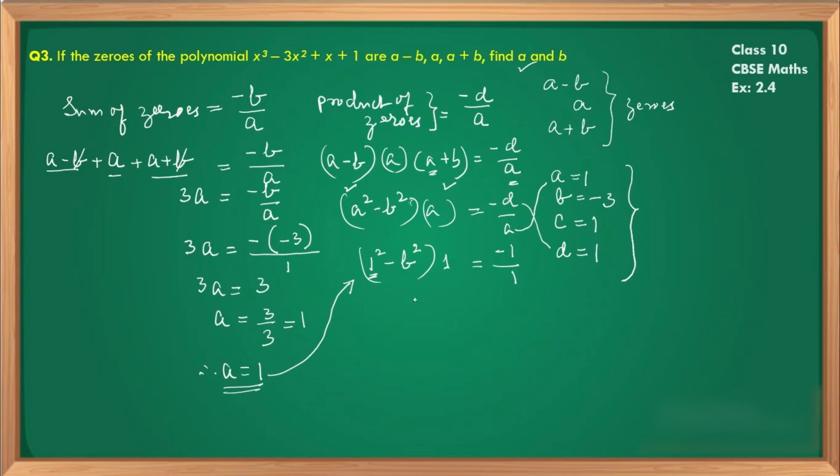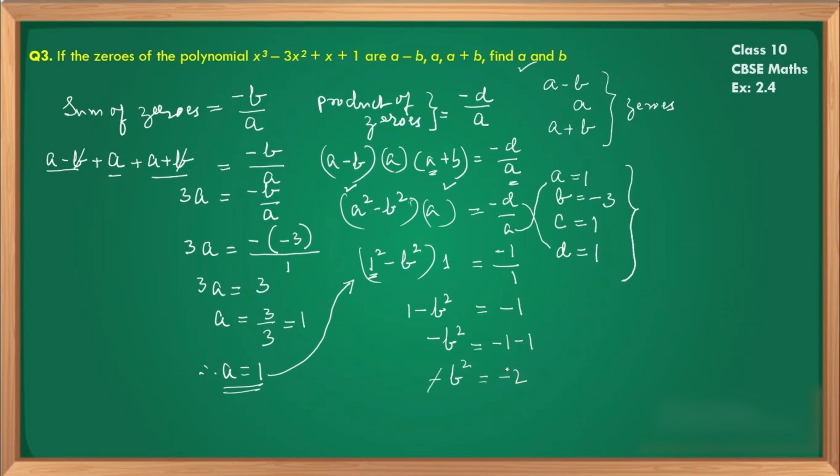Now open this, 1 square is 1 minus b square, into 1. Fine. Next is minus 1. This 1 you can ignore, it is understood. Now minus b square is equal to minus 1, and when you take this to the RHS, this also becomes minus 1. Now minus b square is equal to minus 2.